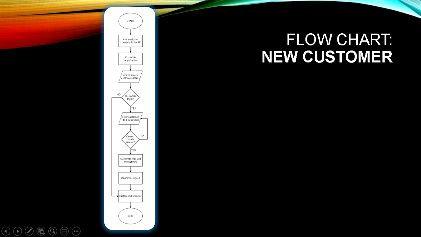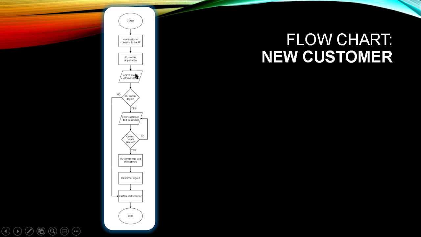Next is the flowchart for the new customer. It is just a bit different from the previous flowchart. The new customer connects to the AP and needs to register. To register, they must contact the admin to register their details.